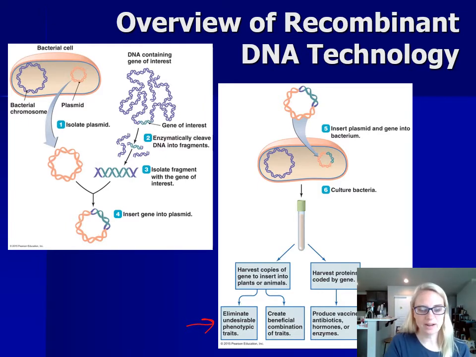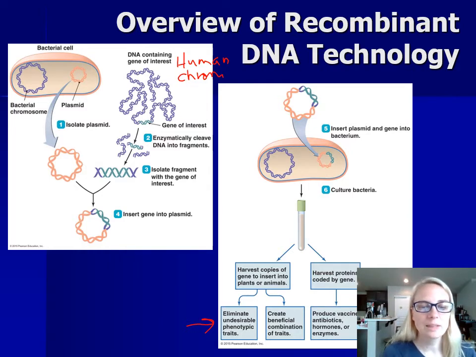So this would be our gene of interest. This is a human chromosome, right? That purple is a human chromosome. And let's say our gene of interest is insulin.